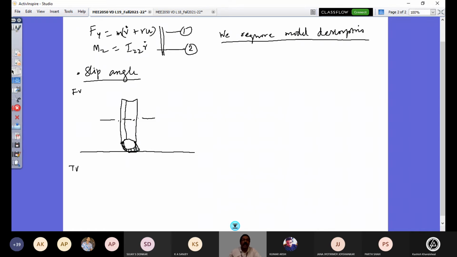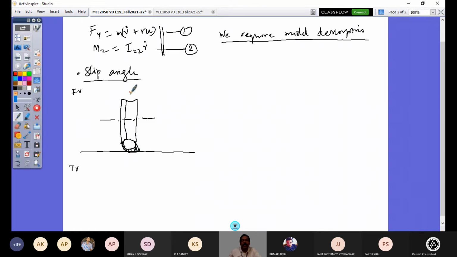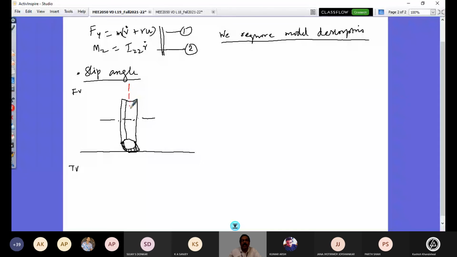You may wonder why that is skewed here like this. So this line is now the axis of the tire wheel assembly. This plane is parallel to the XZ plane of your vehicle, right? So this is the wheel plane, the vertical plane, normal to the ground. So this axis represents the wheel plane.